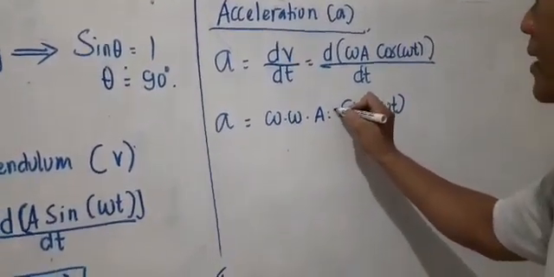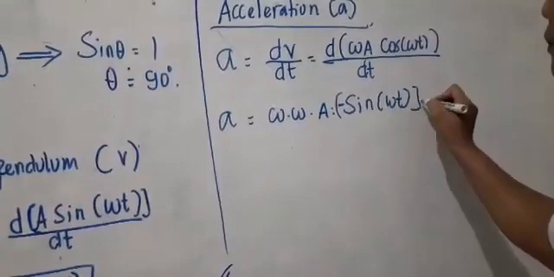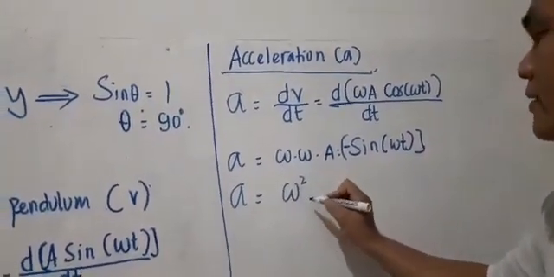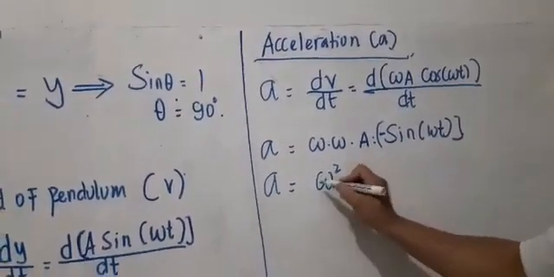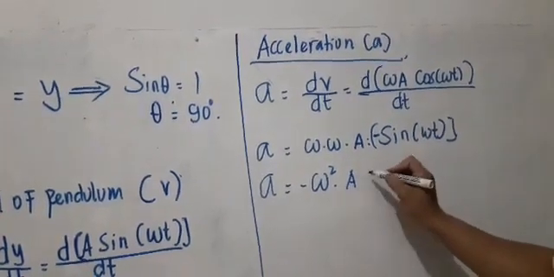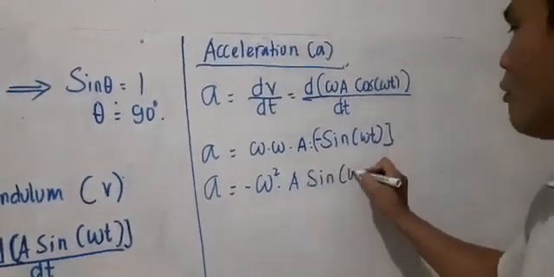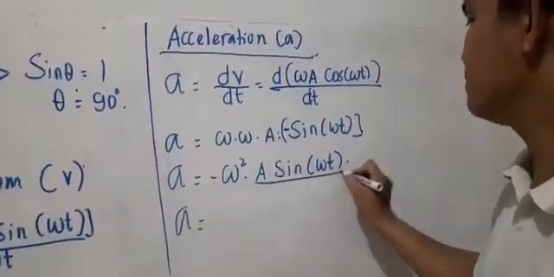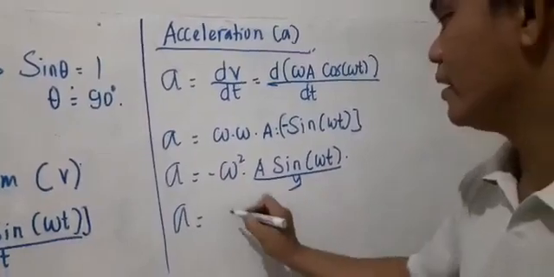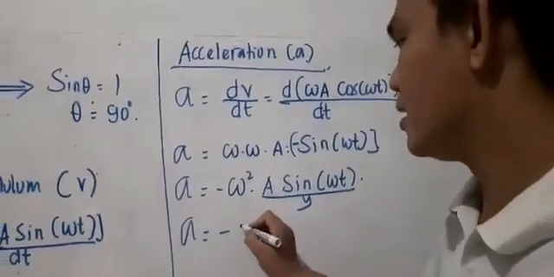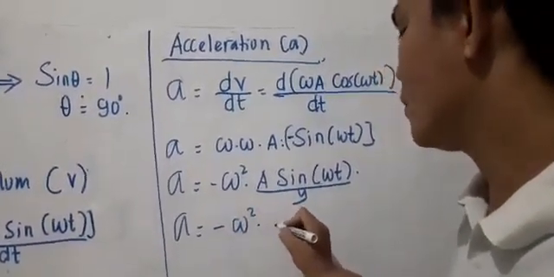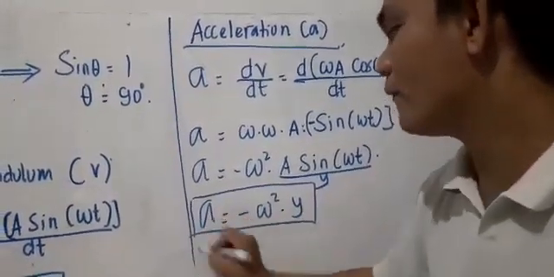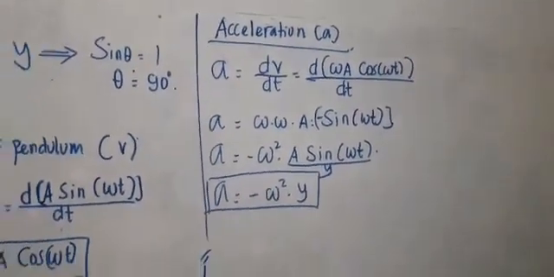So the acceleration is minus omega square times A sin omega t. And we can see that this part is y, the deviation itself. So a is minus omega square times y. This is the equation of the acceleration of the pendulum.